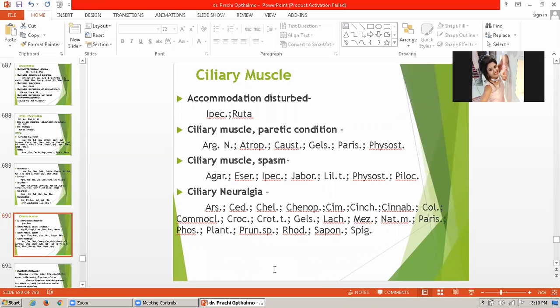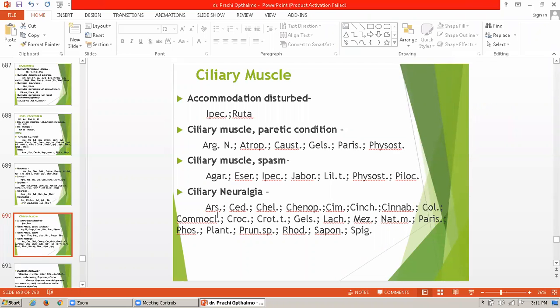Then the diseases of the ciliary muscles. In that, firstly, when accommodation is disturbed by the ciliary muscles, then Ipecac and Ruta can be used. When there is a paretic condition of the ciliary muscle, then Argentum nitricum, Atropine, Causticum, Gelsemium, Paris, Physostigma are indicated.